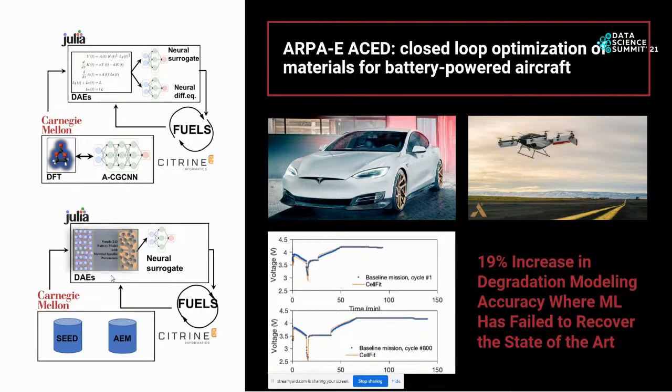But in practice, that is way too large of a scale to really be able to automate the materials discovery process. So what we can do is, instead of having to run a full DFT simulator, instead of having to do a full chemical simulation, we can train a graph convolutional neural network to have the same properties as our molecular simulation.